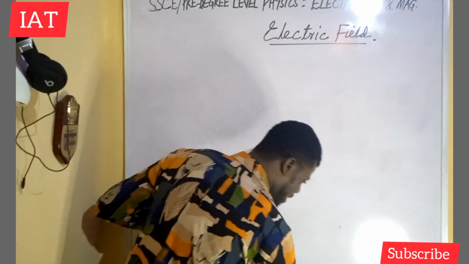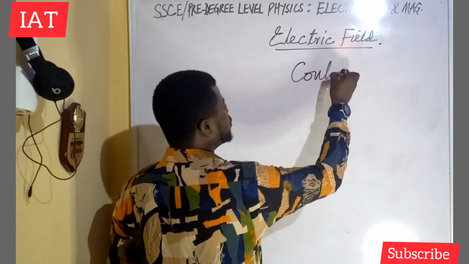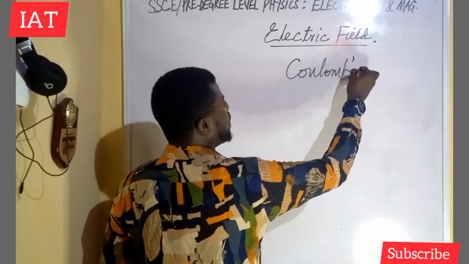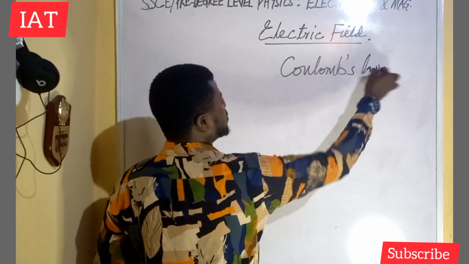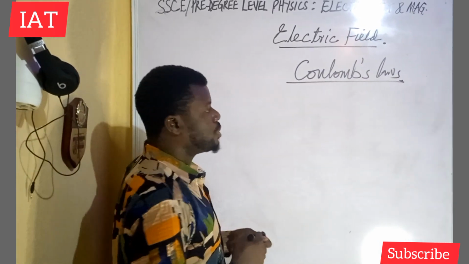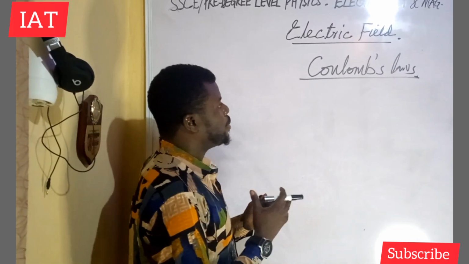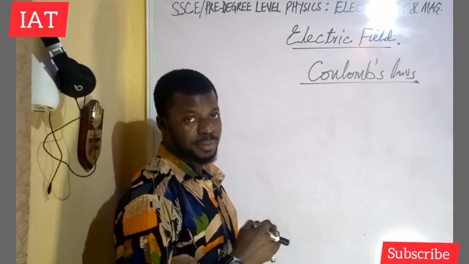Coulomb's law states that the force of attraction or repulsion between two charges, Q1 and Q2, is directly proportional to the product of the charges and inversely proportional to the square of the distance apart.